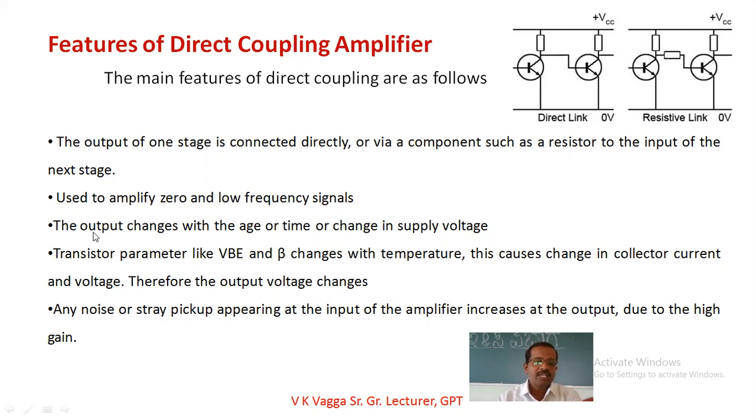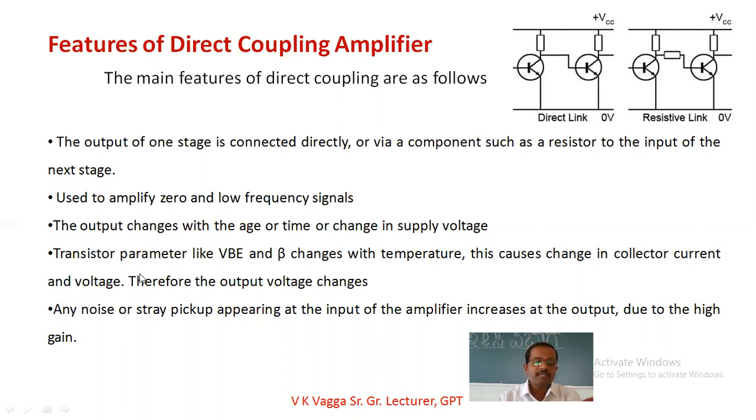In this case, the output changes with age or time, or with a change in the supply voltage. According to the time, the usage, and the change in the input, the first stage is going to change its output.